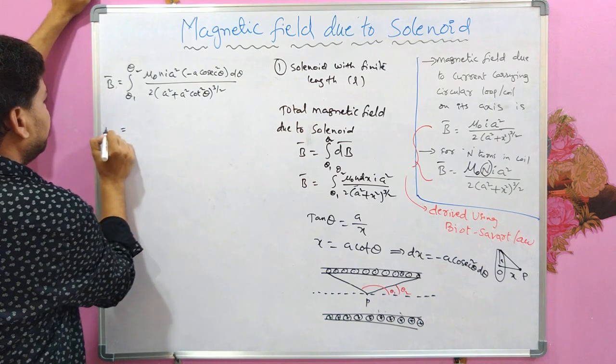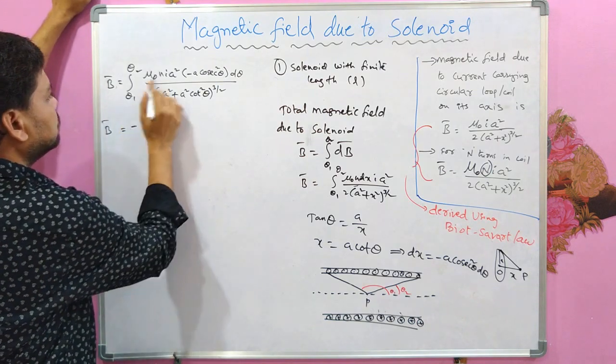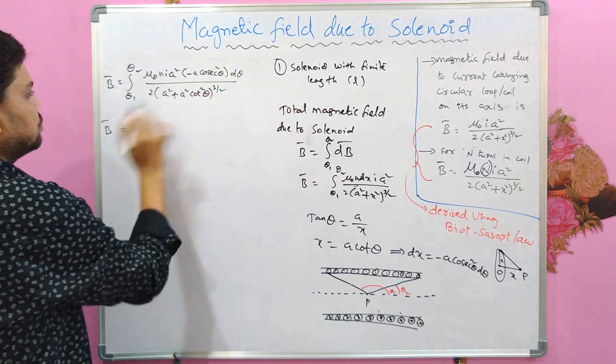Okay. So B bar equal to, minus is out, I am putting every constant outside.